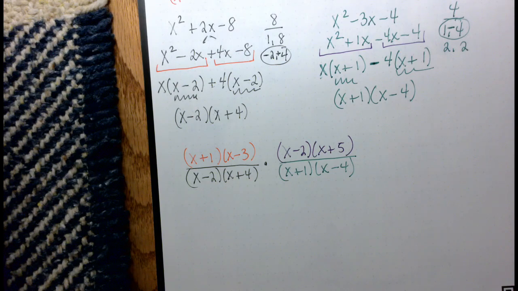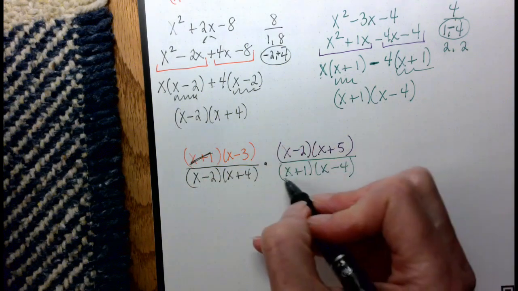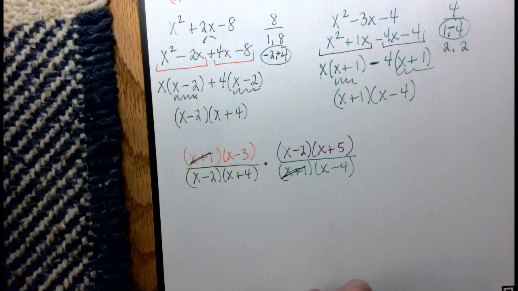But as you're writing it down, notice what's the same on the top and on the bottom. We've got an x plus 1 on top and an x plus 1 on the bottom.